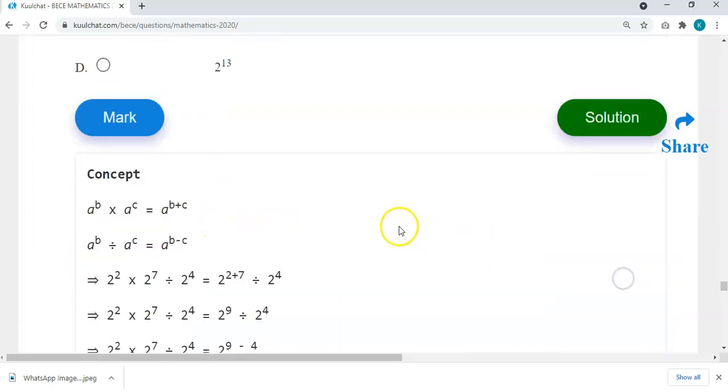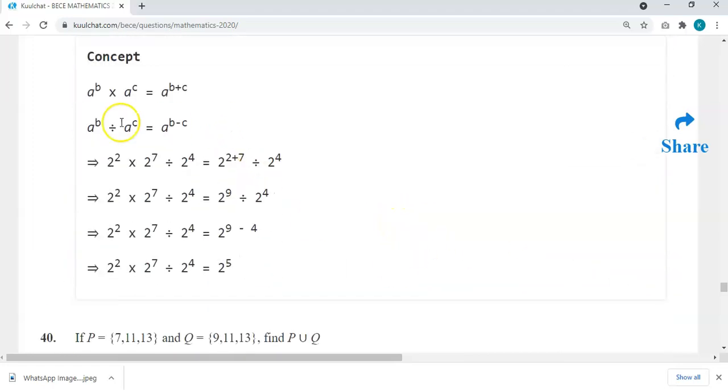Okay, so let's check it over here. If they are multiplying, the powers add. If they are dividing, the bottom power is subtracted from the top. So 2 to the power 2 times 2 to the power 7, you add the powers. So you get what is here, divided by this.